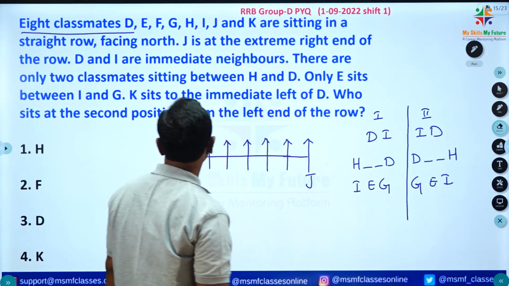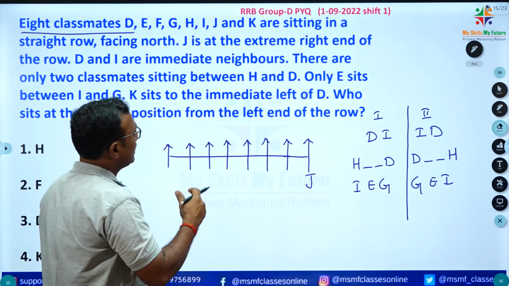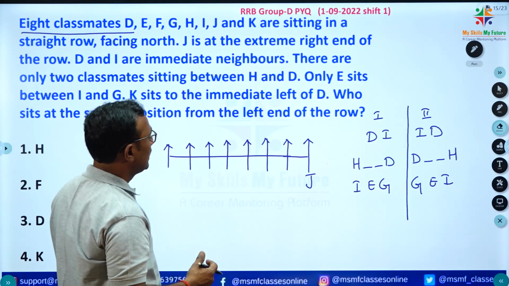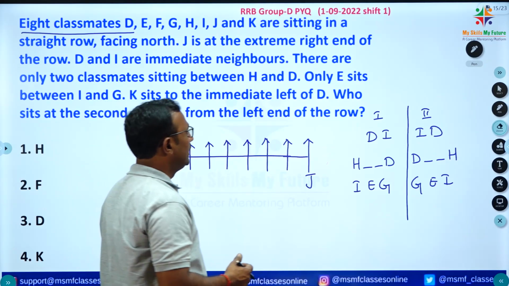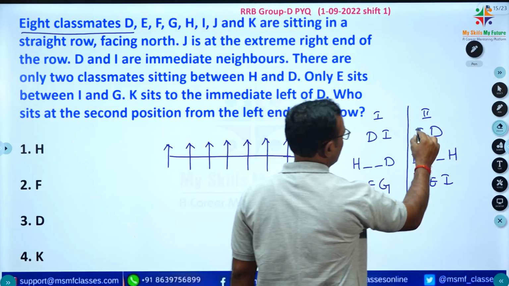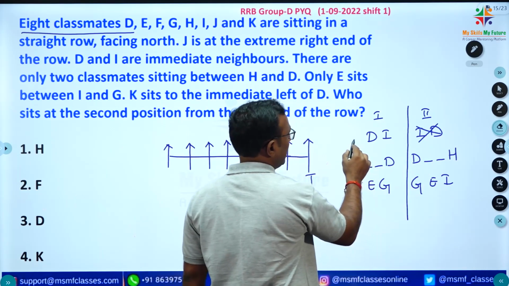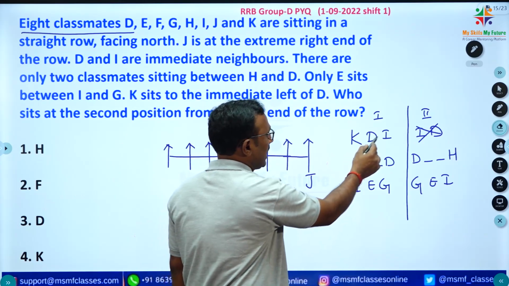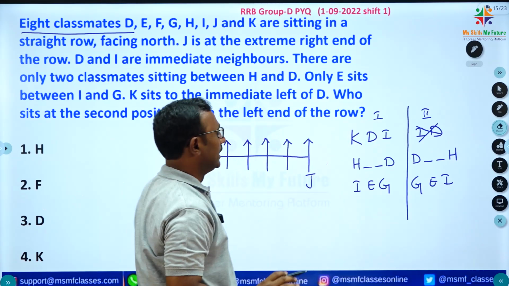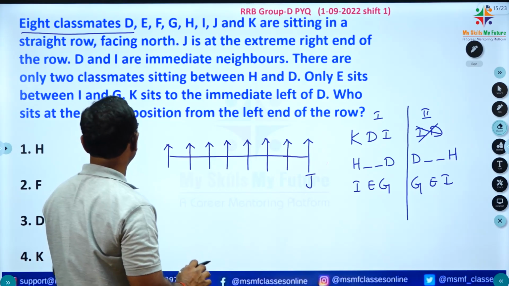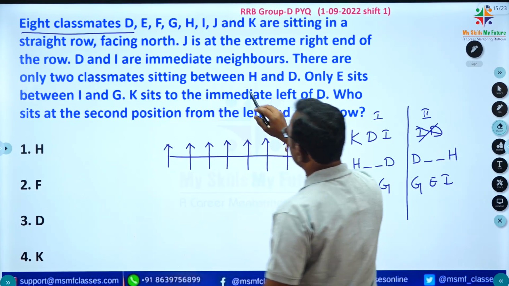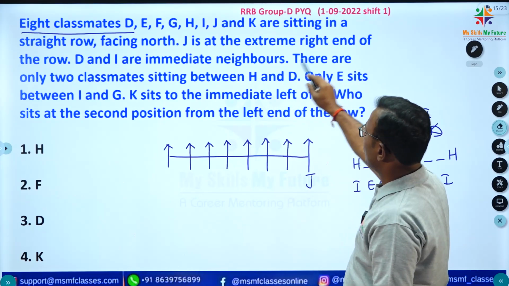Okay, right. K sits immediate left of D. So this possibility will cancel. Why? Because K sits immediate left of D, so we can write I sits immediate right of D. See here once again. J is at extreme end of the row.